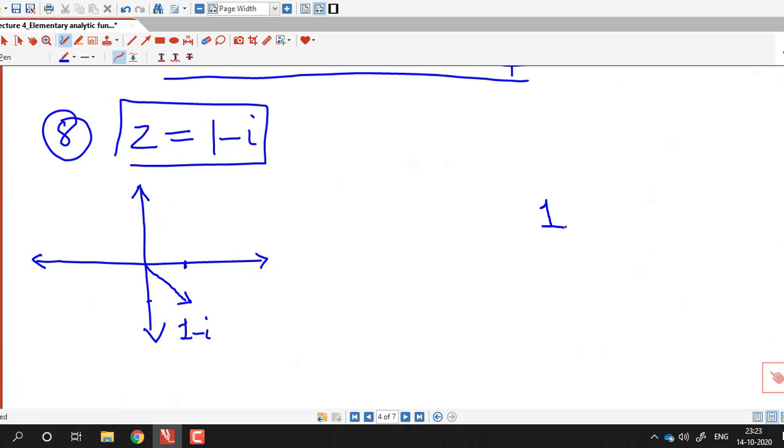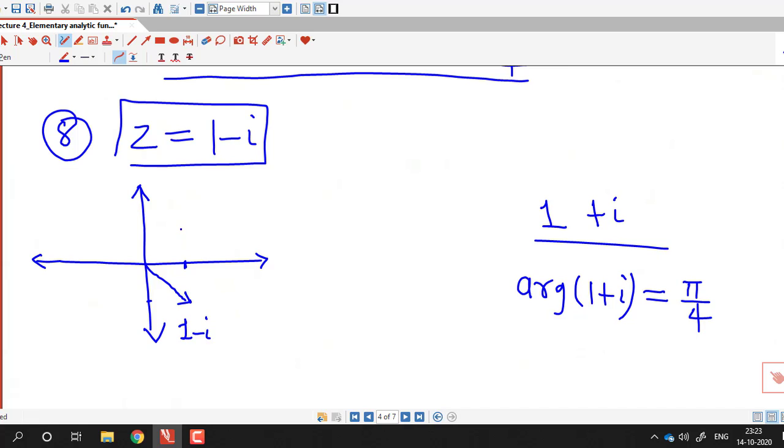First you consider the real and imaginary parts as positive. So we have 1 plus i. If I consider the real and imaginary parts of this complex number as positive real numbers, then I can write my complex number as 1 plus i. Now the argument of this complex number, as we discussed in the previous example, is pi by 4 because it is in the first quadrant.